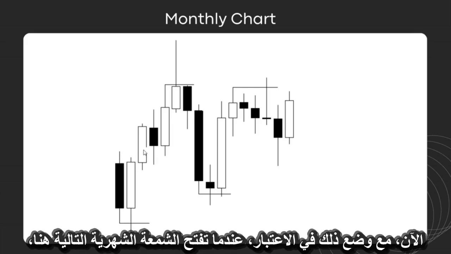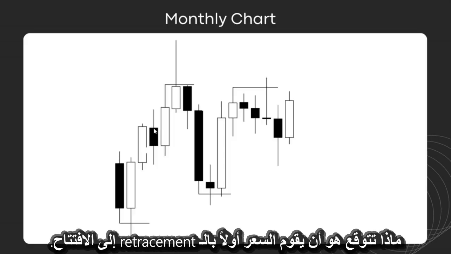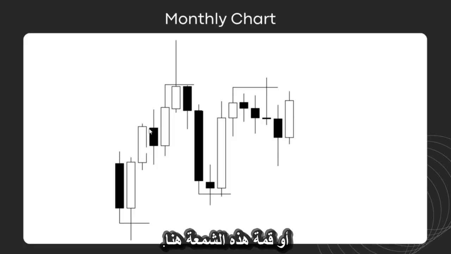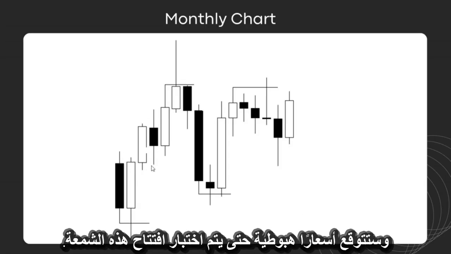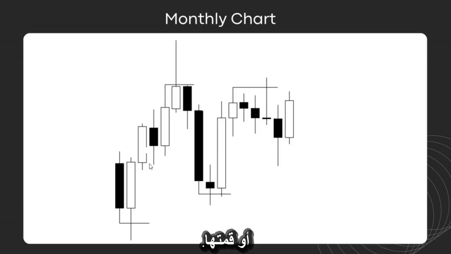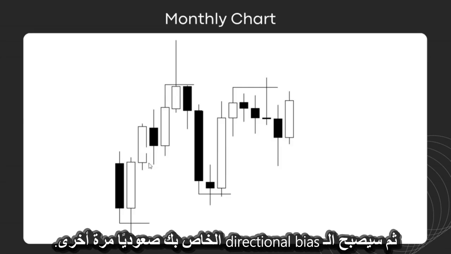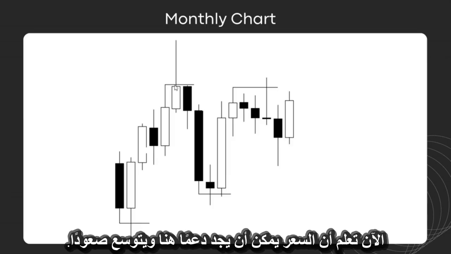Now keeping that in mind, when the next monthly candle opens here, what you would be expecting is for price to first of all retrace to the open or the high of this candle right here. So it means your directional bias for the first half of the month would be bearish. You would be expecting bearish prices until this candle's open or high is tested, and then your directional bias would again become bullish because now you know that price can find support here and expand higher.